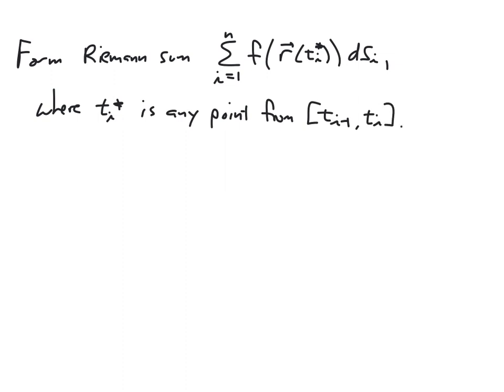Right, so for each of those subintervals, I pick a point, I evaluate my vector function r of that, and I get a point on my curve C, and I take the coordinates of that point on the curve and evaluate my function f at that, multiplied by the appropriate arc length, and then summed together. And so we have a Riemann sum, and then the next step is to take a limit as n goes to infinity, and we get an integral. And this integral we're going to call the line integral.